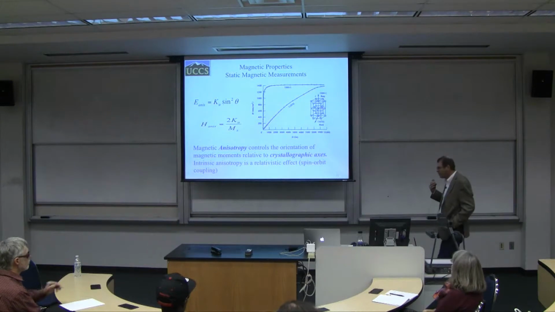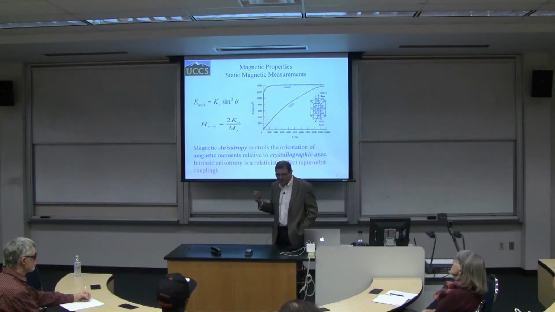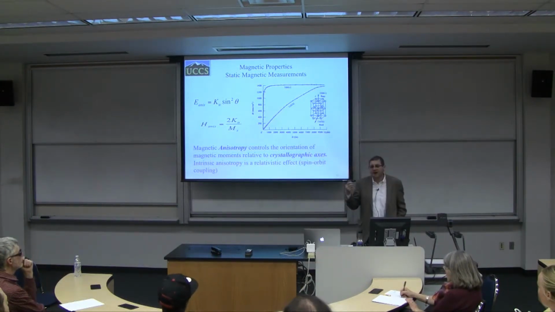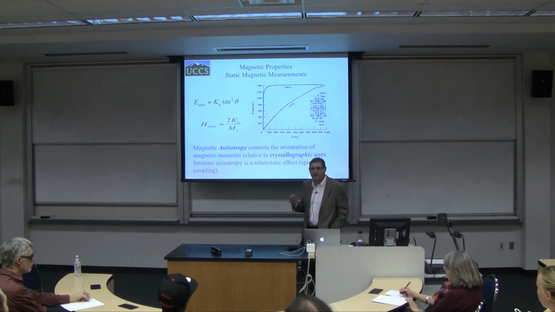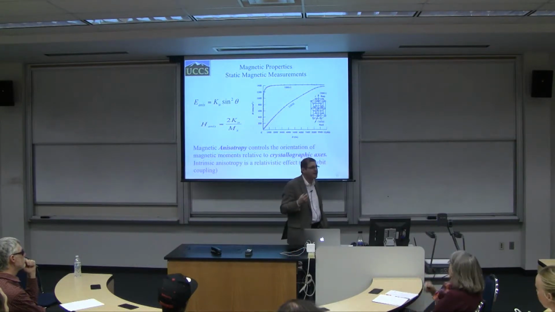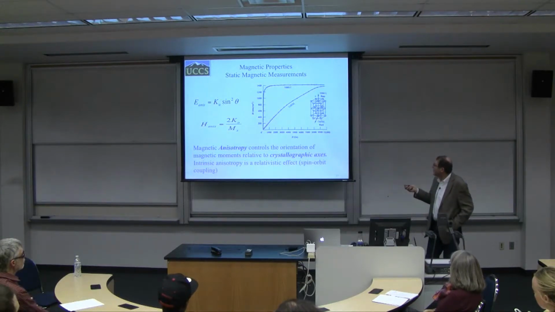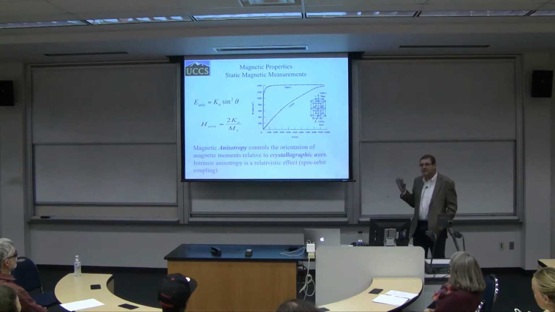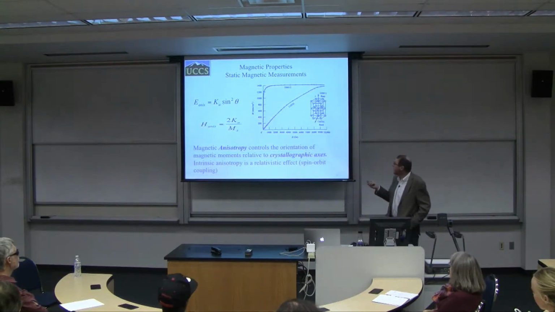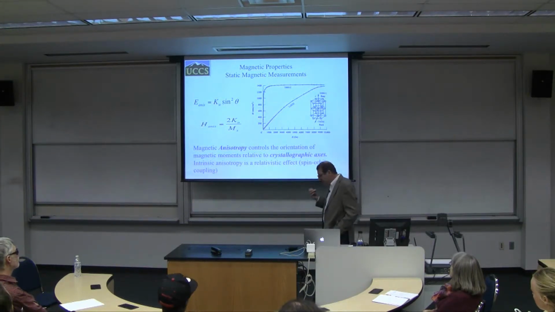What you remember from your undergraduate studies is that if I think about a magnetic moment, and I multiply M dotted with B with a minus sign, I have energy. This is what we call Zeeman energy, and the effective field we are talking about is just B. If I have a different form of energy, like the one here, and I take the derivative with respect to the angle, I get an effective field given by this expression. So if this Ku is large, then my effective field is very large.